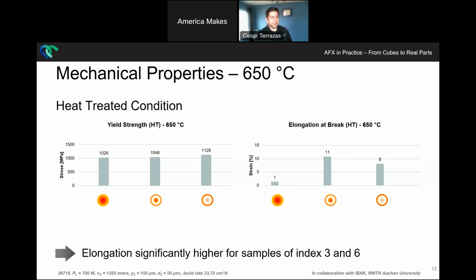Again, you see the same trend. After assessing the yield strength of the material, we keep very consistent properties. They don't vary that much depending on the emission mode. But then when it comes to the elongation at break, here we still see an increase in elongation at break, just because of the emission mode that is used by the laser.